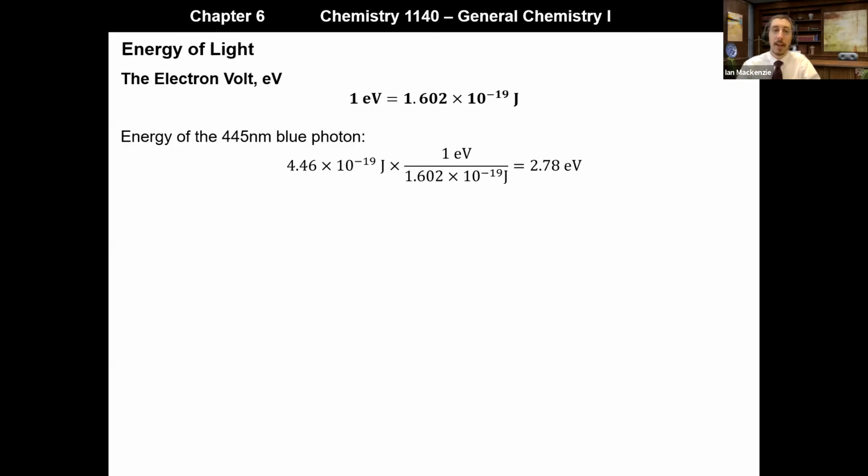And electron volts are really useful when we talk about energy specifically for visible or ultraviolet light. We do have to convert back to joules whenever we are using the equations to relate to wavelength or to frequency. But it is a useful tool when we're talking about the energies of light.